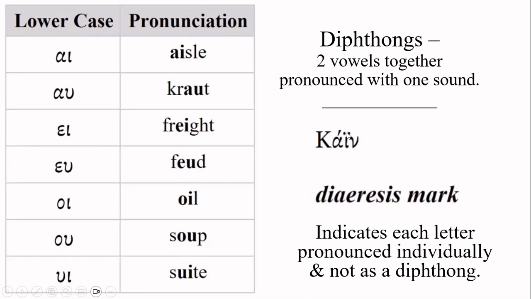However, with the diaeresis marks, it would be pronounced ka-yin, where the iota is pronounced individually. Notice the stress is on the first syllable, ka-yin.